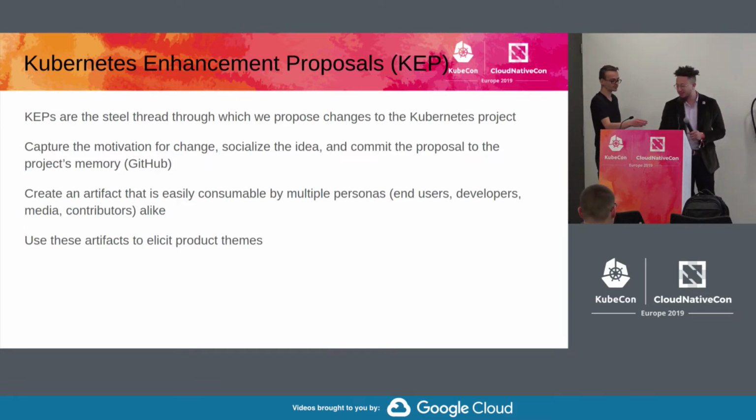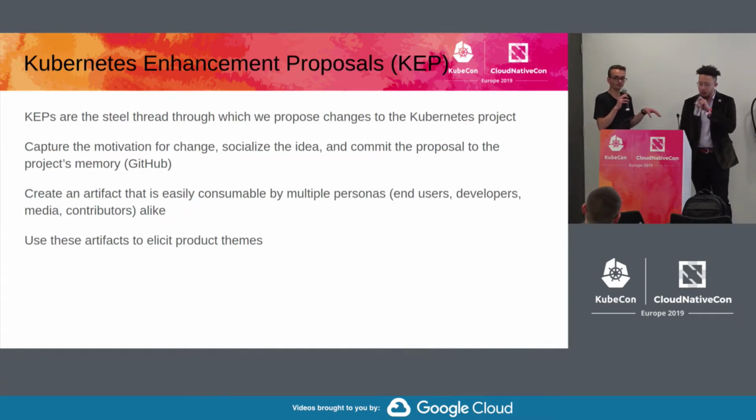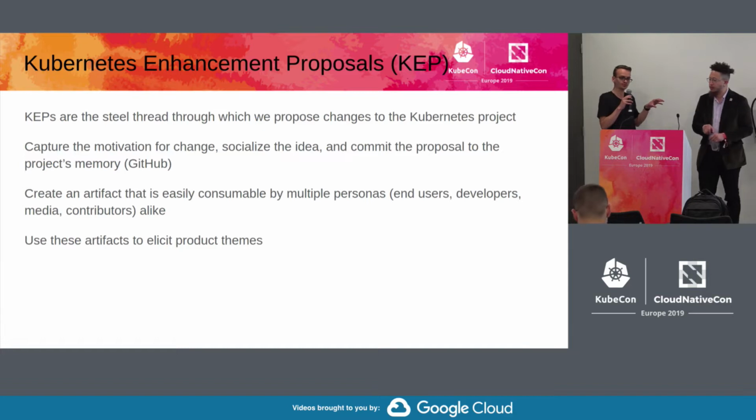Yeah. I just want to add again about the procedural difference between KEPs and features, which is the way we tracked features before and the way we are tracking KEPs these days, and how we put them on GitHub. Previously with the features, we had the features repo, and all the features were tracked as issues.